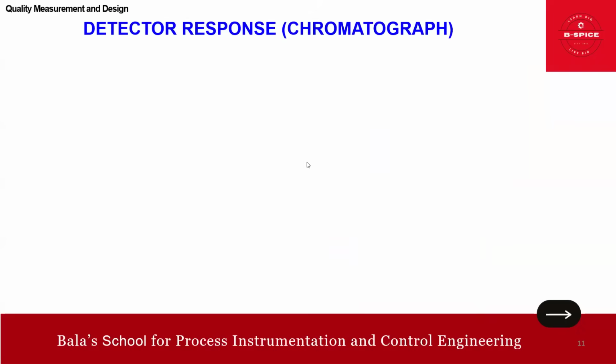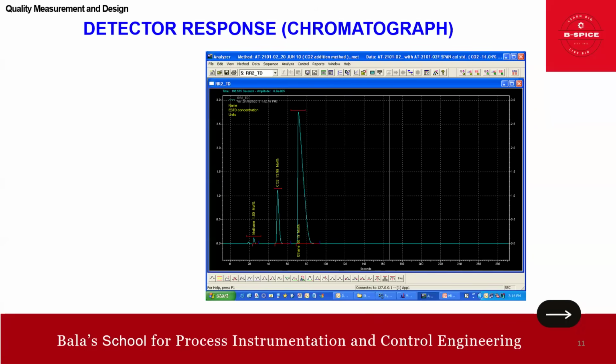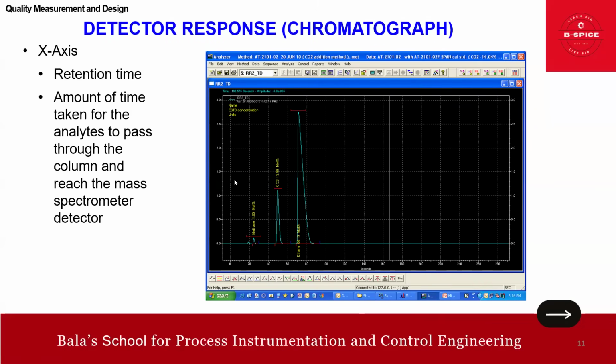Finally, this is the detector response. The x-axis is the retention time, and the y-axis is the concentration or intensity counts. Retention time is the amount of time taken for the analytes to pass through the column and reach the detector.